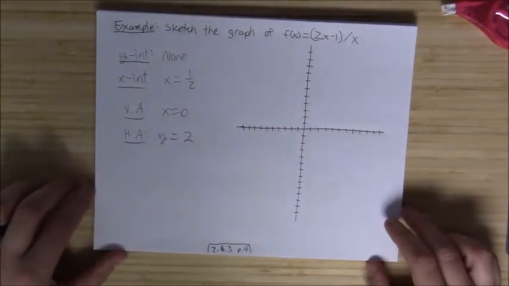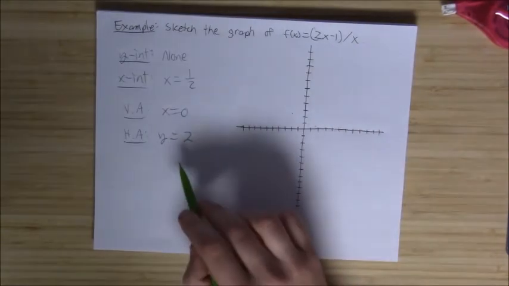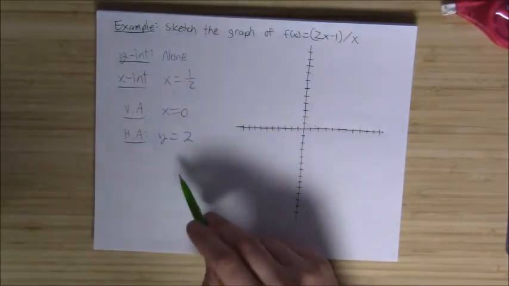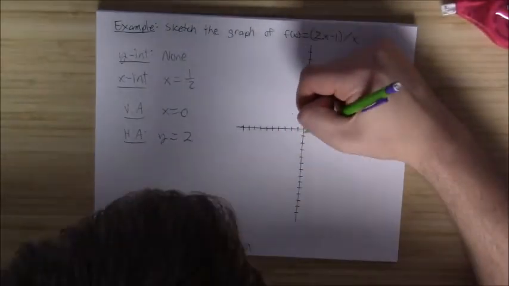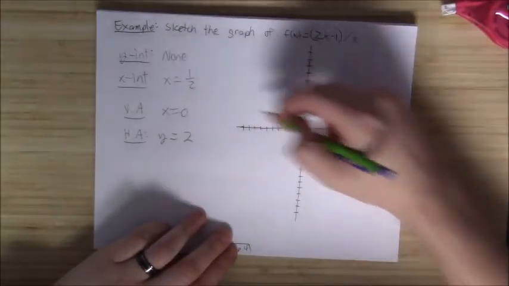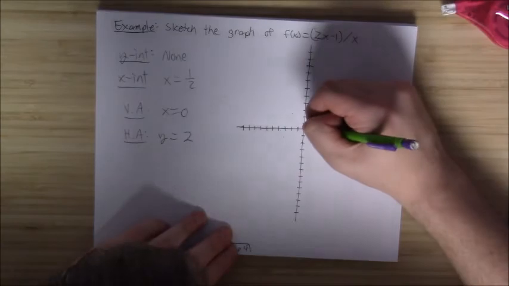All right. We would also have, so now we need some extra points. X equal 0, we have a vertical asymptote there. We see x equal 1/2 as an x-intercept.